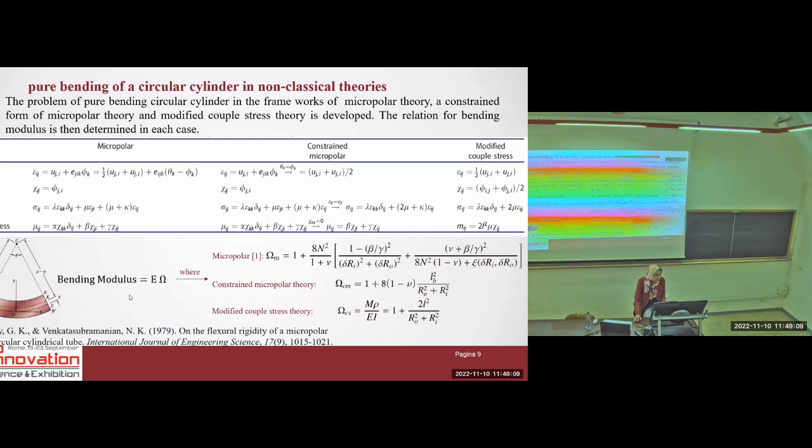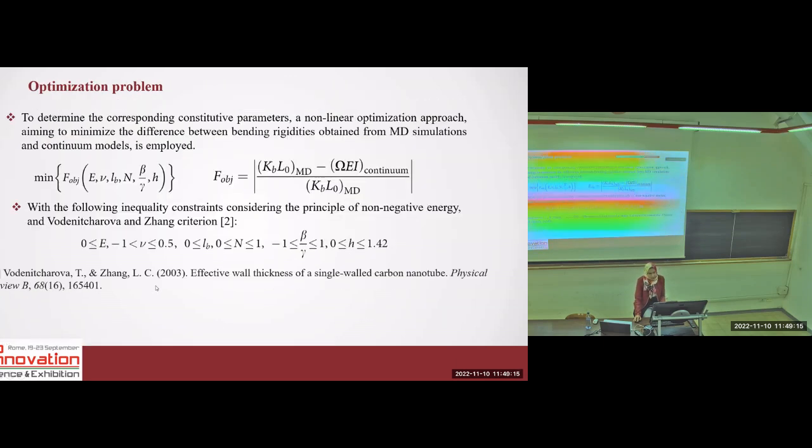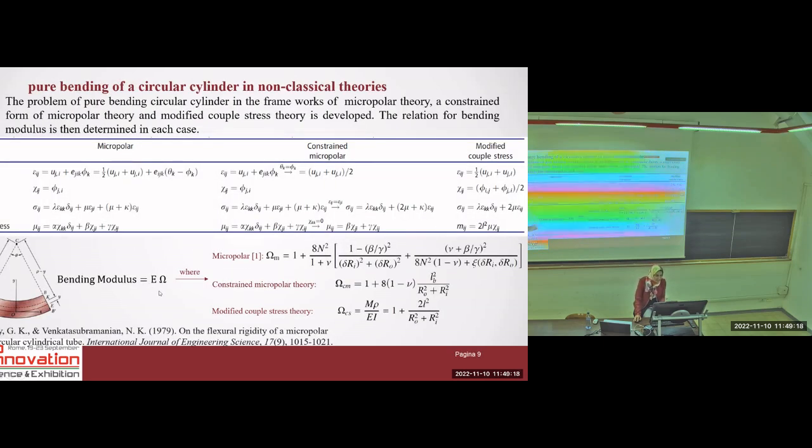Here you could see that we found the analytical relation for bending modulus in the framework of micropolar theory. It is the classical bending modulus multiplied by a factor named omega, which is the rigidity ratio. In the Cauchy case, it is equal to 1. But in micropolar theory, it depends on the size of the material and some other parameters.